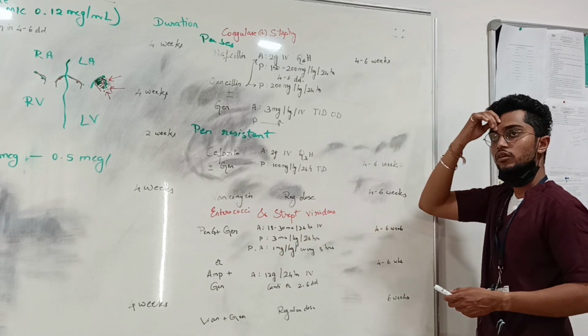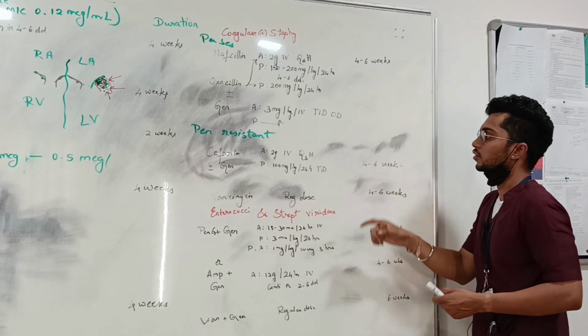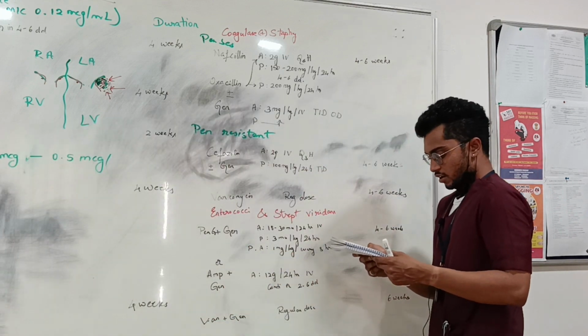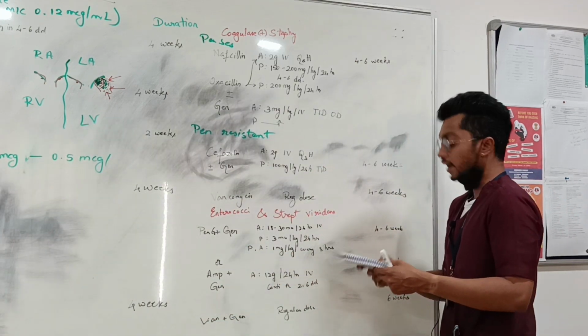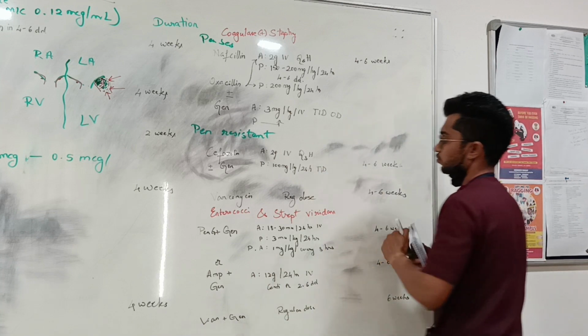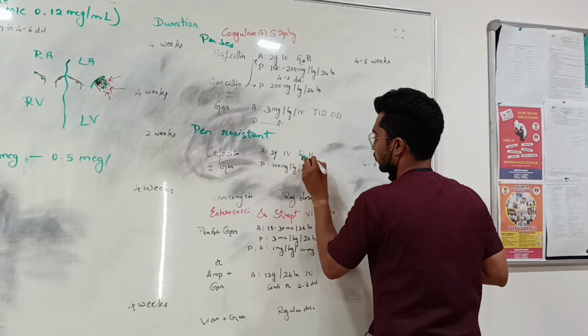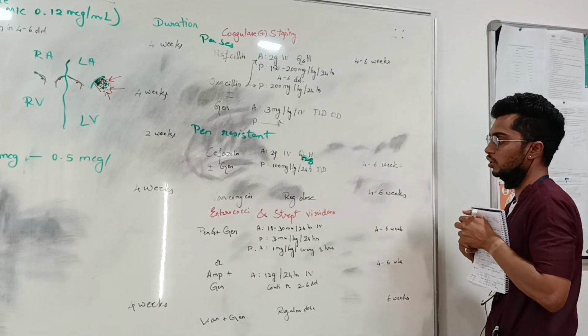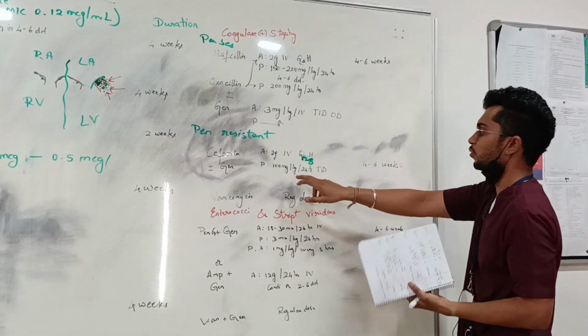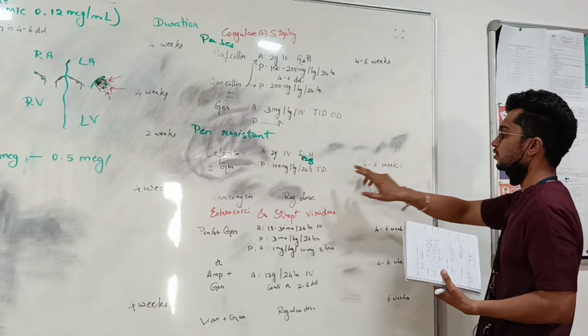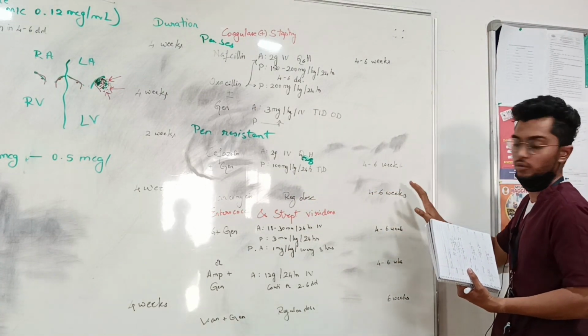No, sorry, every 8 hours, 8 hourly. So cefazolin plus or minus gentamicin, and gentamicin also every 8 hourly TID, 100 mg per kg per 24 hours, for 4 to 6 weeks of duration.